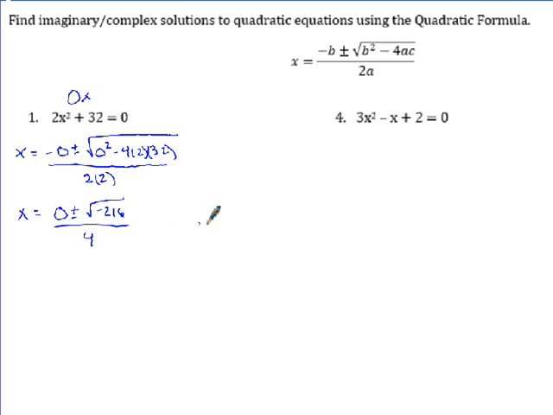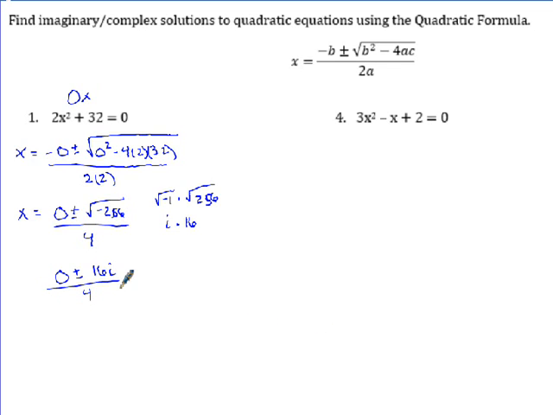I'm going to break that square root apart because now that we know about imaginary numbers, I'm going to change it to the square root of negative 1 times the square root of 256. The square root of negative 1 is i, and the square root of 256 would be 16. So I have 0 plus or minus 16i divided by 4.